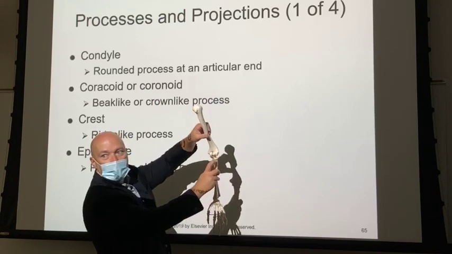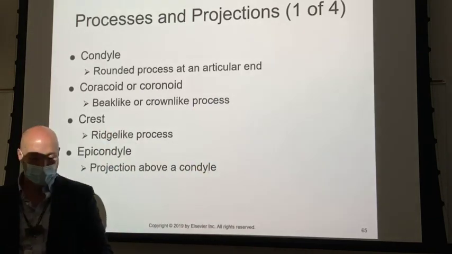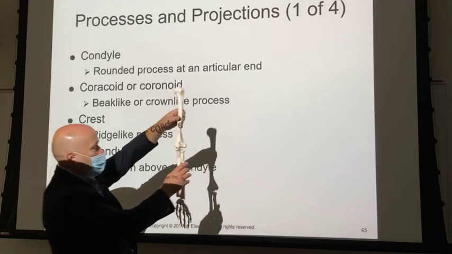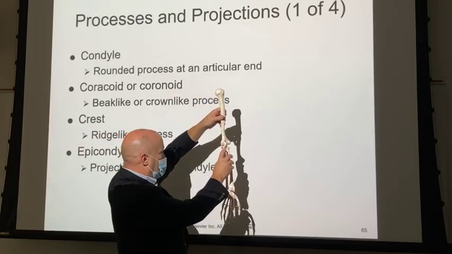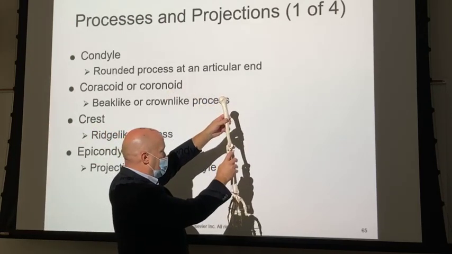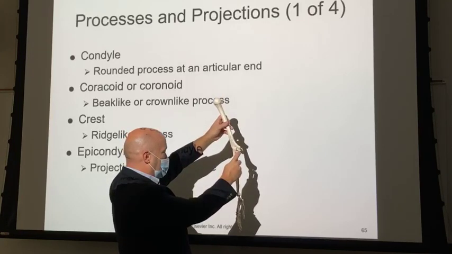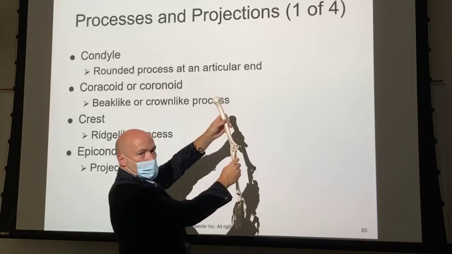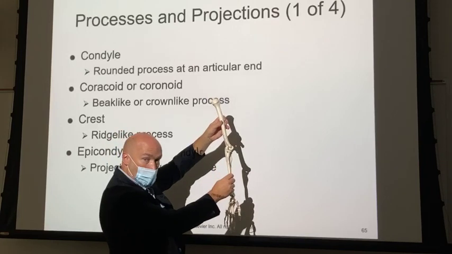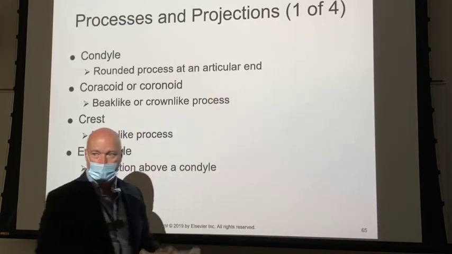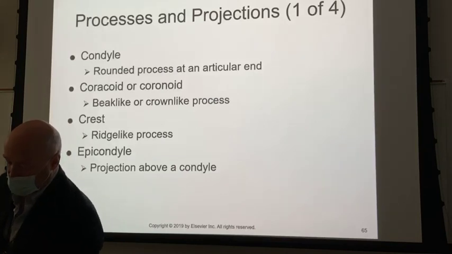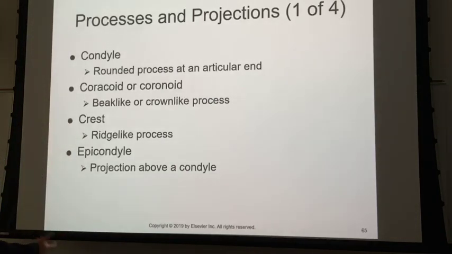That's a coronoid process. It's round, as opposed to a coracoid process, which would be something more oblique. You see where it's starting to come up and get kind of pointy right there? That would be a coracoid process, more like a beak-type process. You have both in your elbow, one on the radius and one on the ulna.